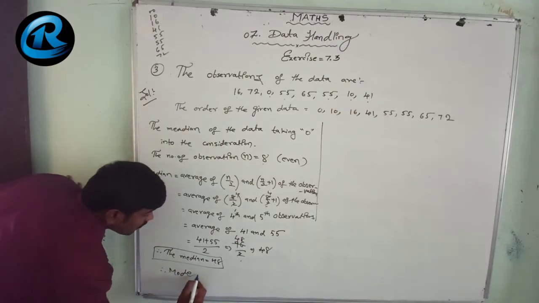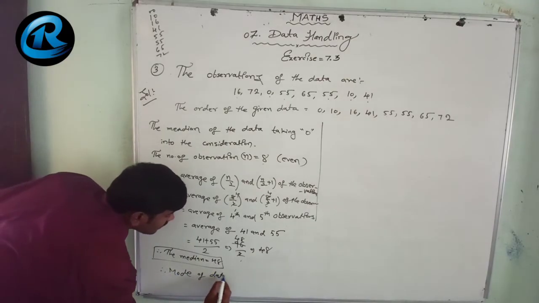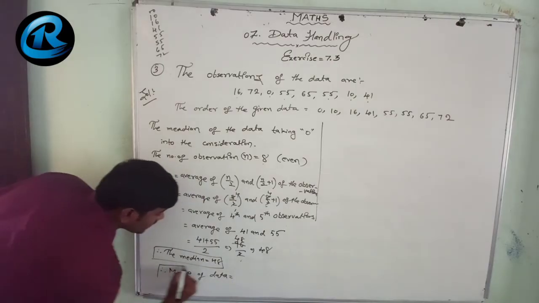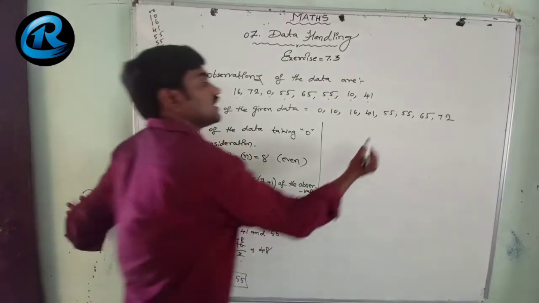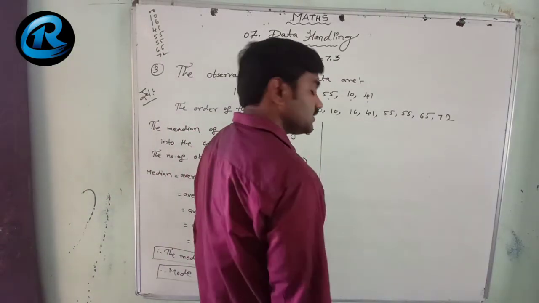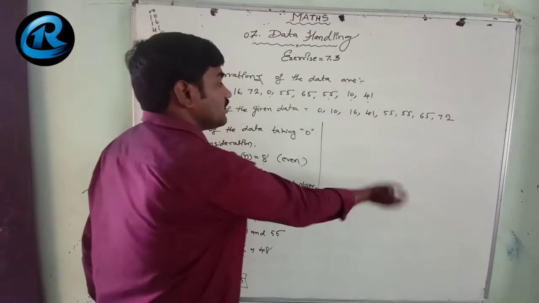Then what is the mode of the data? Which number is repeating twice? The number 55 is repeating 2 times in this data. So the mode is 55.